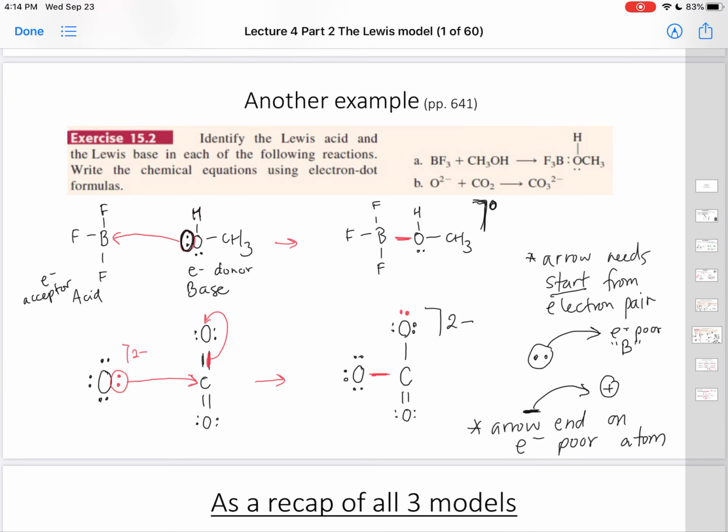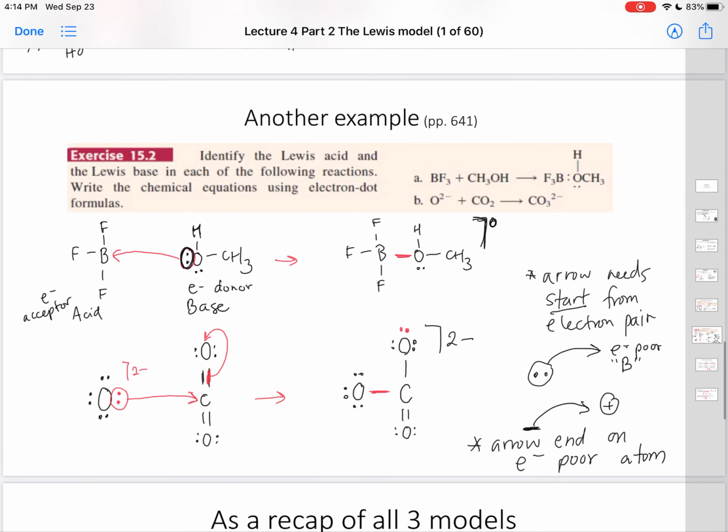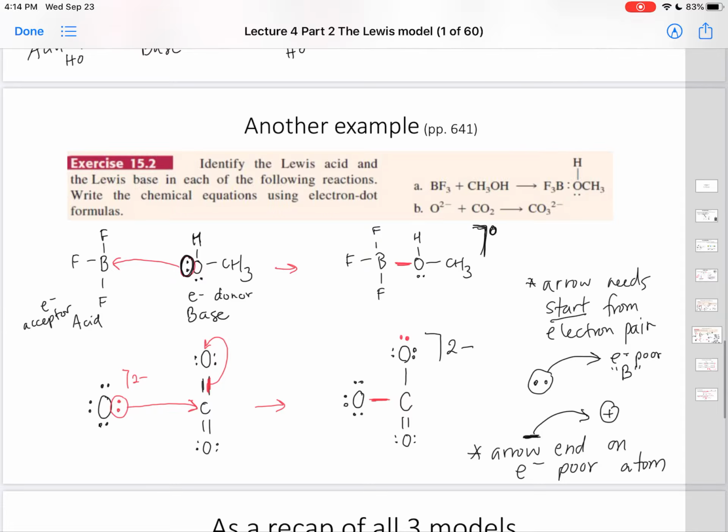You would be able to draw these kinds of Lewis dot structures and show the formation of a bond with an arrow, and show the electrons being donated and the electron being accepted. Remember, the electron must end on an atom. It shouldn't end anywhere but on the electron poor atom, okay? So that you can clearly show where the bond is being formed. That's basically the main exercises in this video and in this part of this chapter that we were covering in this video.